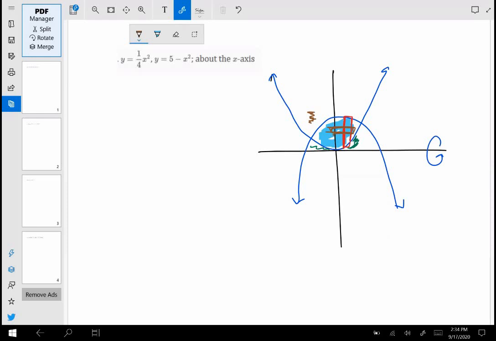Okay, you know, I'm not an artist. It is symmetric, so we could limit ourselves, and instead of going all the way across, we could go just from the y-axis over in this case, or in the disk case, we could integrate from 0 to whatever.